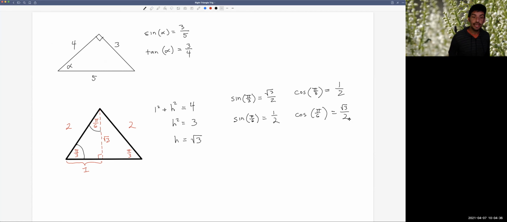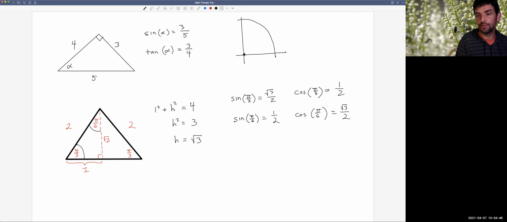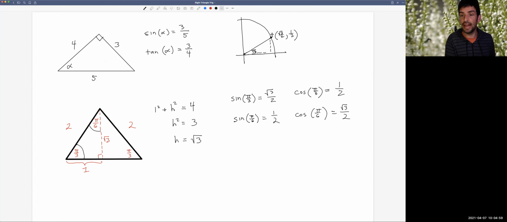Okay. Now, you might notice that these are some numbers that show up on our unit circle. Let's do a quick sketch of that. For instance, when we have an angle of pi over 6, this intersects at the point root 3 over 2, 1/2 on our unit circle.